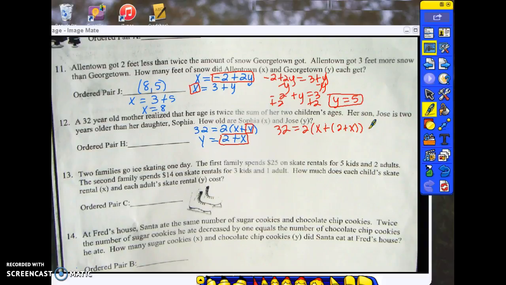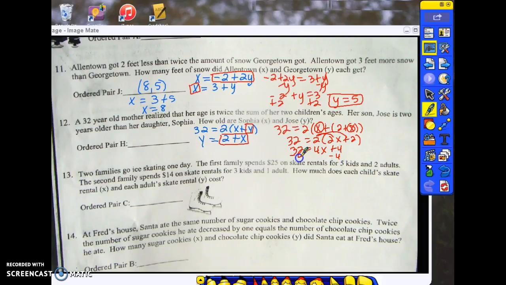Can't do anything in here, so I'm just going to add x plus x is 2x. There's nothing to combine 2 with in here, so I'm just going to write the plus 2. And now I distribute. 2 times 2x is 4x. 2 times 2 is 4.